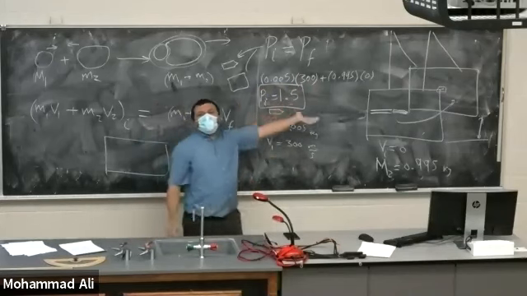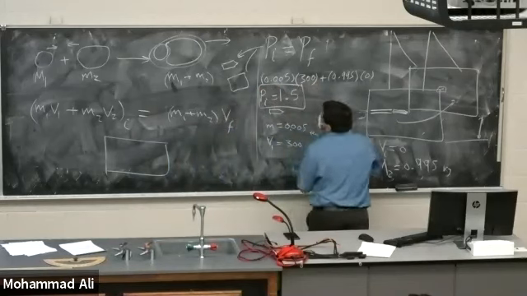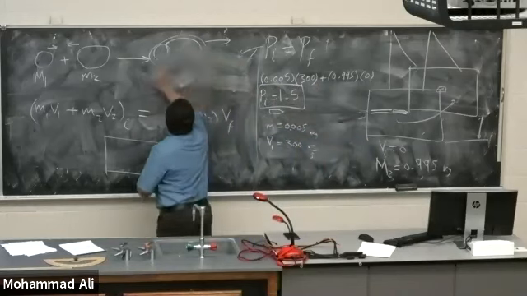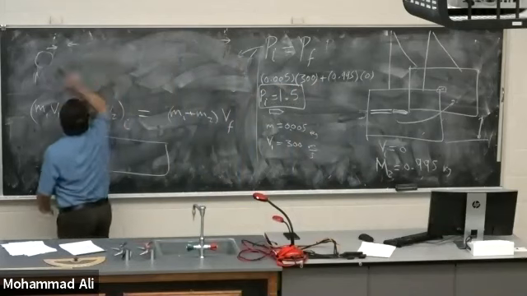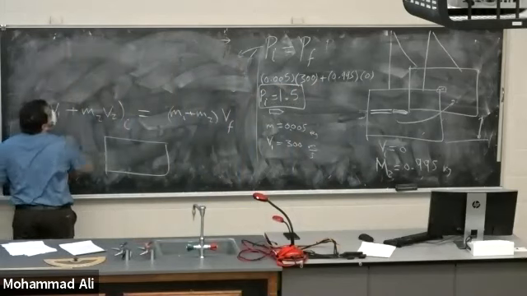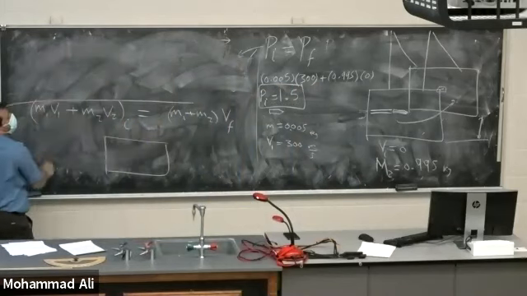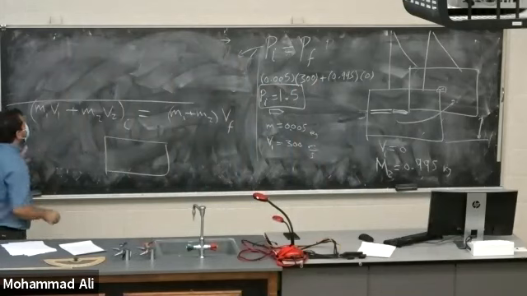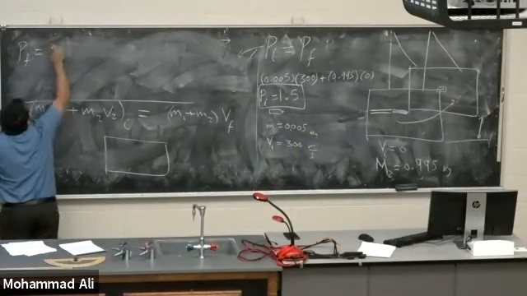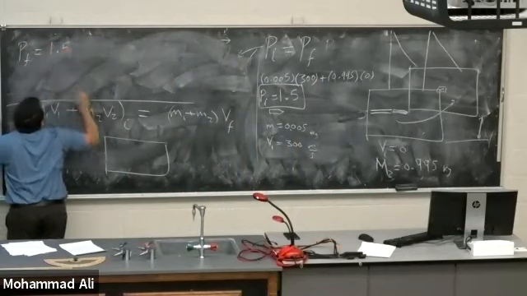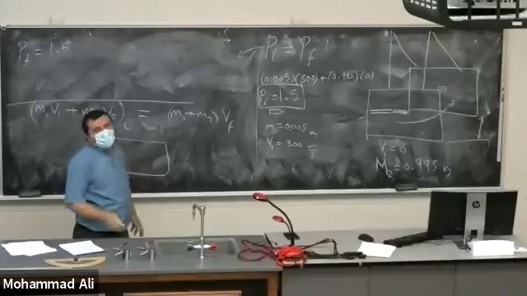P finally should be equal to P initially. Now we have one object, one velocity, one mass. So P final should be equal to P initial, which is 1.5. We don't need to deal with any direction.